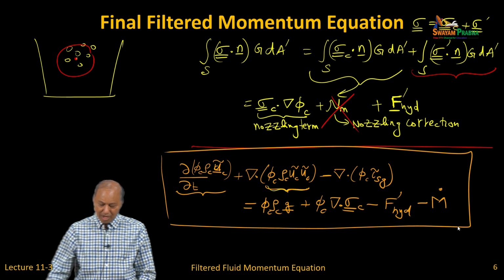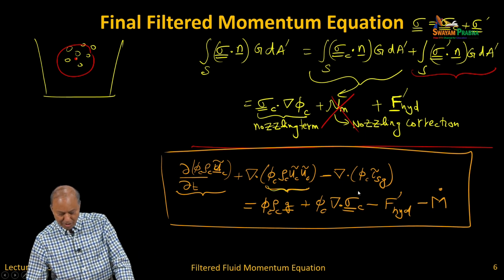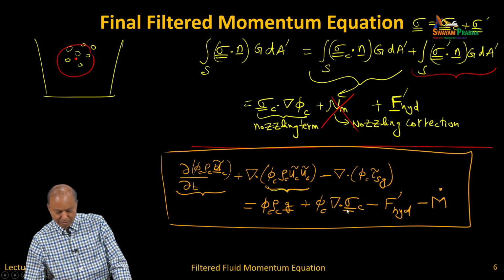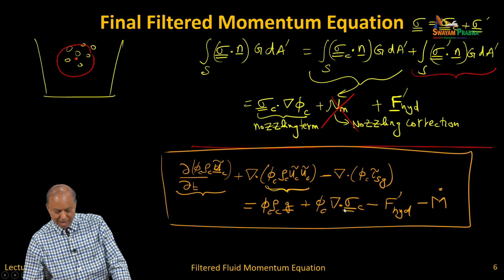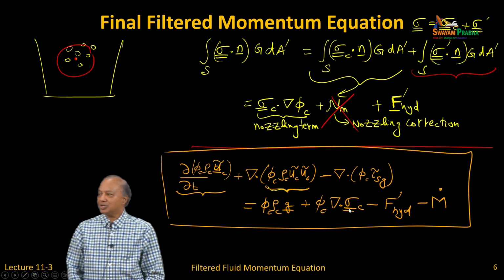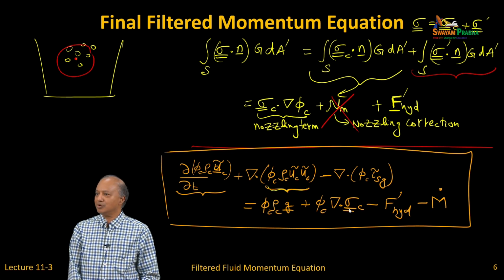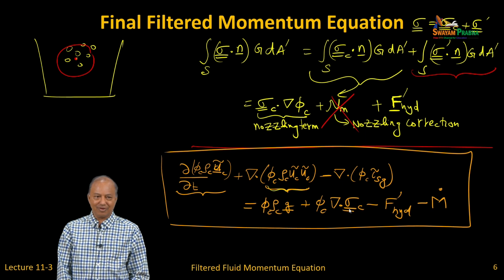Okay. So, at the momentum stage, there are three important things that you have to model. Now, let me say one more little thing that you have to model. This is the divergence of stress, and stress is related to viscosity times strain, right.